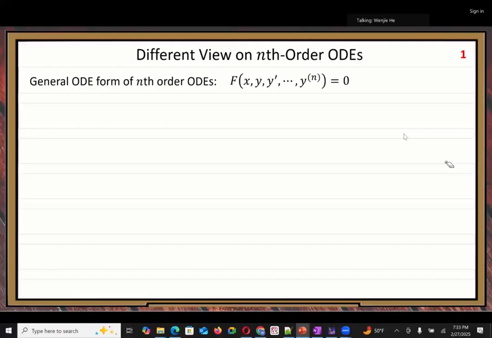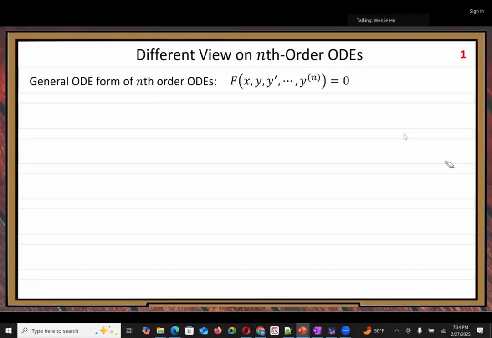The reason is, usually we know when the order of the ODE is too high, then it becomes harder and harder to solve, right? If the order is pretty high, then the solution will be harder.